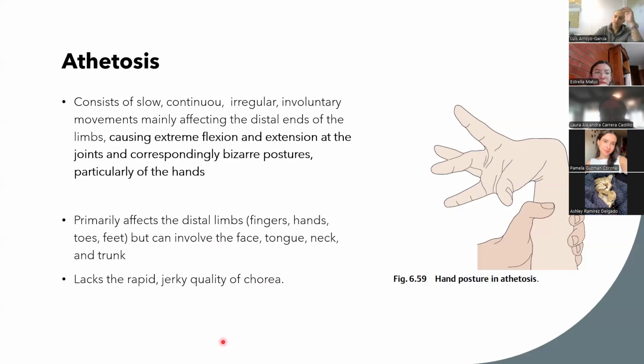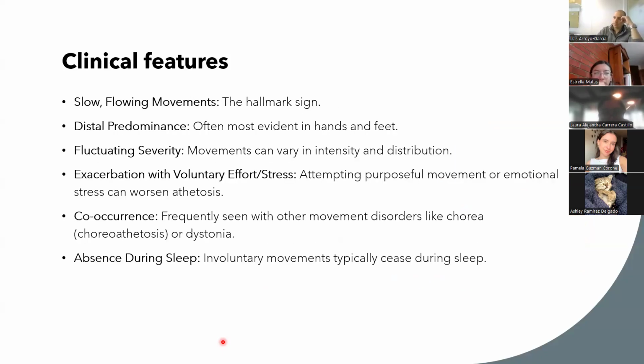So again, if you put these videos in YouTube, I have them there. I don't know if we can see them or you would like to see them, but that's a bit different, it's in the clinic. So these are the clinical features: slow flowing movements in the distal part. These can vary in intensity and distribution.